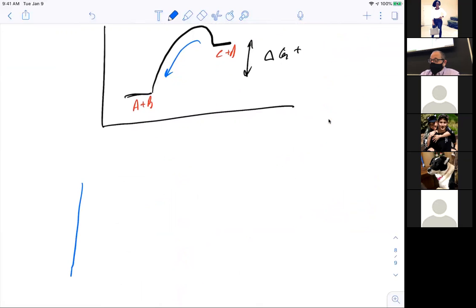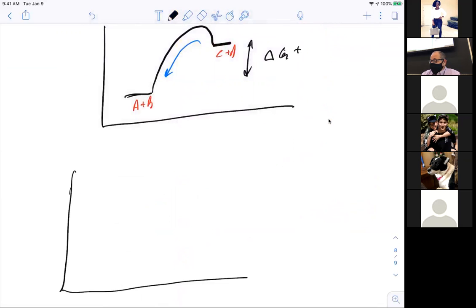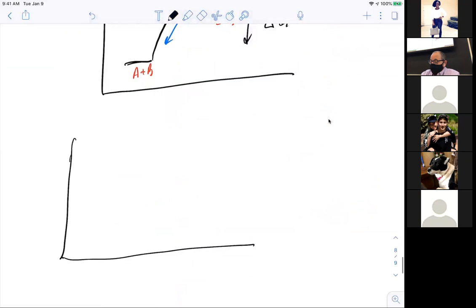If we look at our other example, we start here with our products.